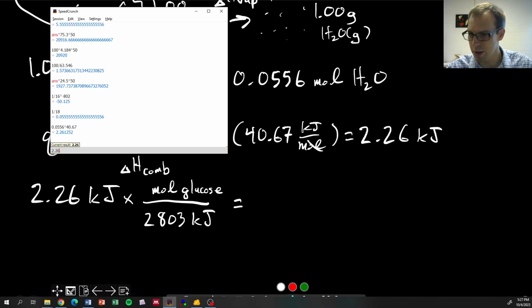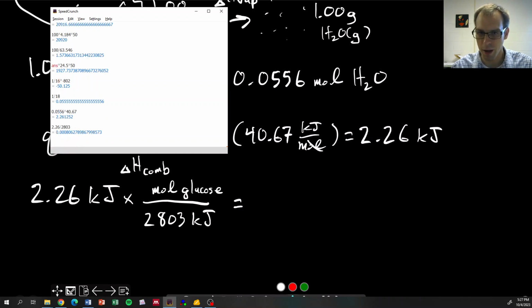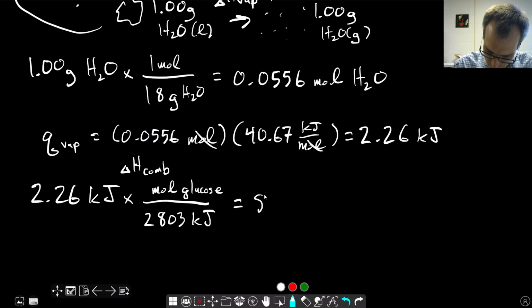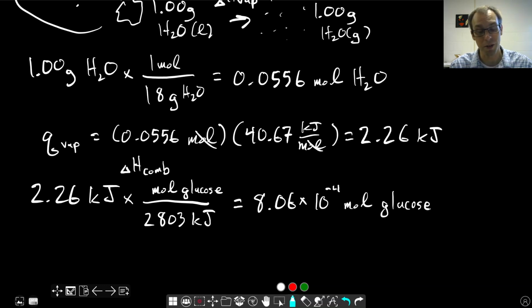So 2.26 divided by 2803 gives us a value of 8.06 times 10 to the minus 4 moles of glucose.